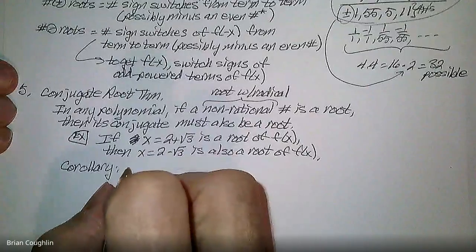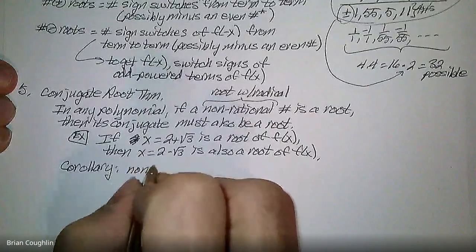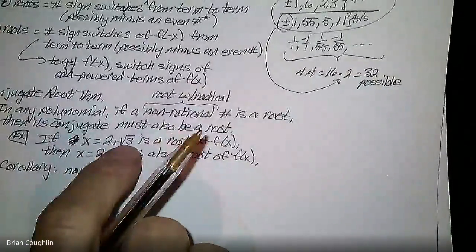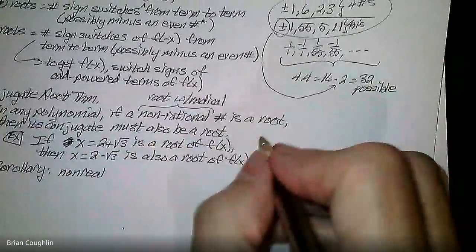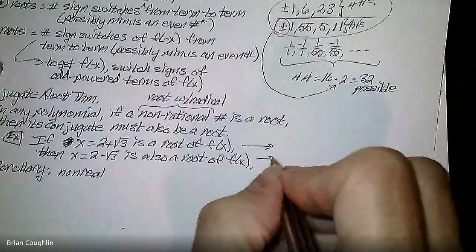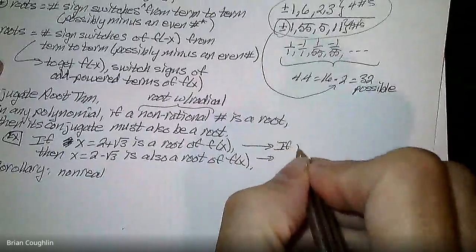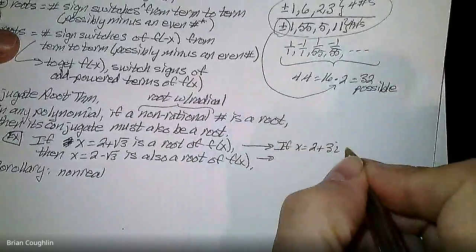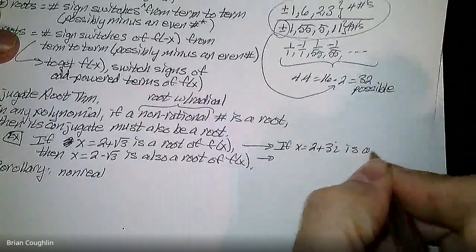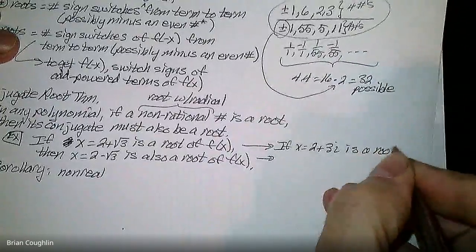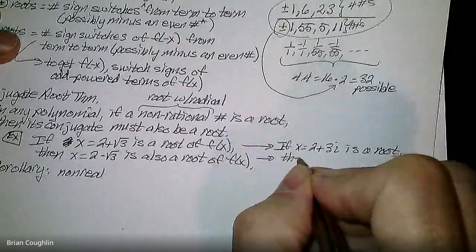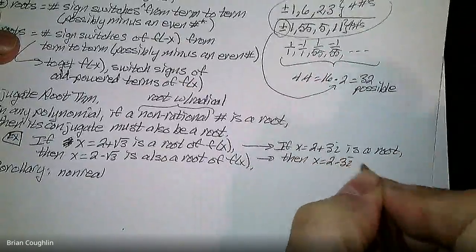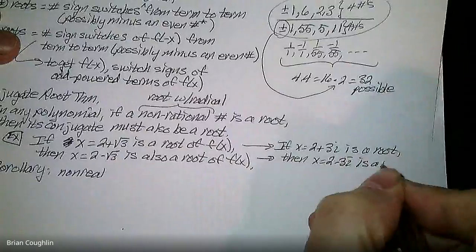So non-real, by the way, you notice this is 2 plus radical 3. It also works with non-real numbers. So if x equals 2 plus 3i is a root, then x equals 2 minus 3i is a root. Does that make sense?